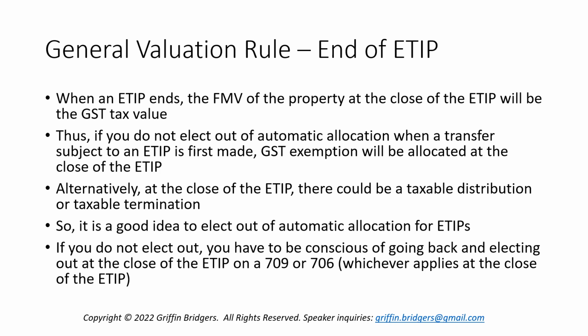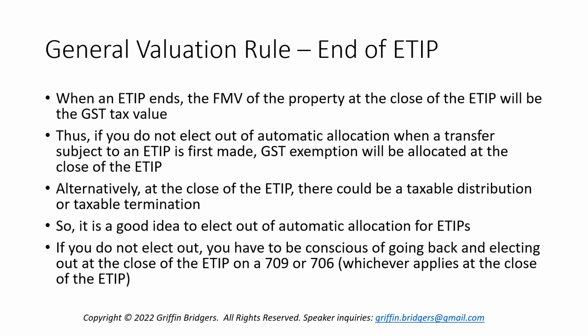Keep in mind with an ETIP, you cannot apply or allocate GST exemption at the time of the transfer. Instead, there's automatic allocation at the close of the ETIP if you don't actually elect out of automatic allocation. So what this means is that it's a good idea to elect out of automatic allocation for ETIPs, because usually the value at the time of the transfer will be much less than the value at the close of the ETIP.